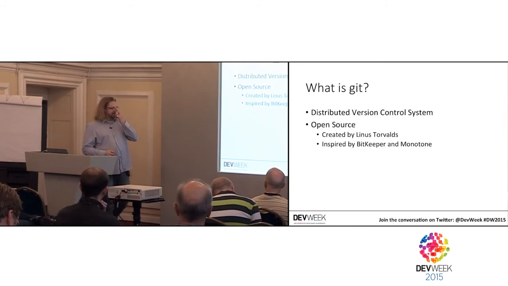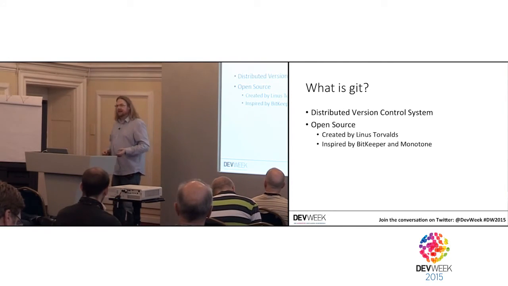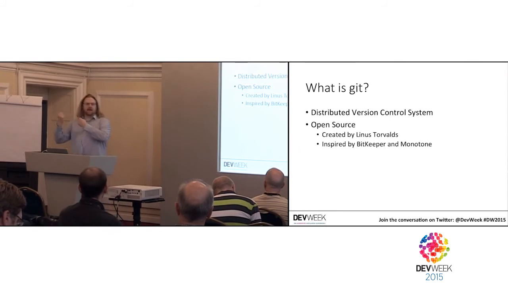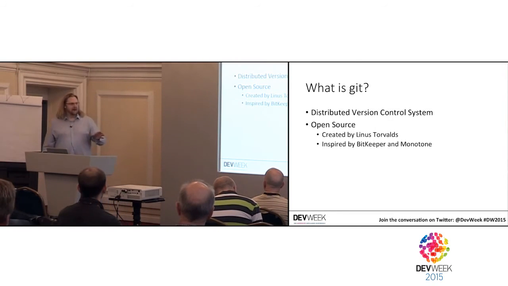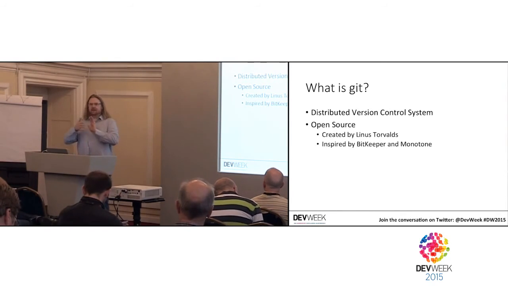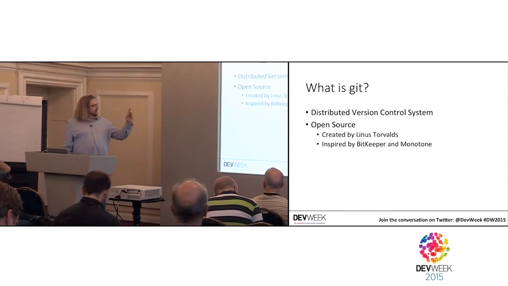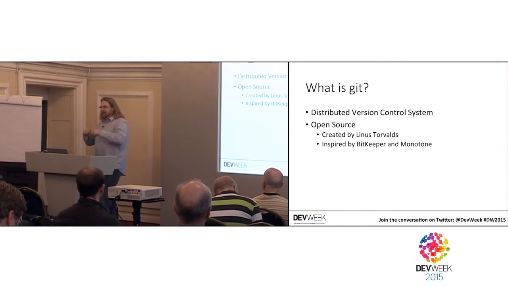Unlike things like Subversion or Team Foundation Server, where you are liaising with a central authority all the time. Okay? So in Subversion, you check out a copy of the code at a point in time. You make your changes, and then you submit those changes. So you submit the delta. With Git, you do it all locally.